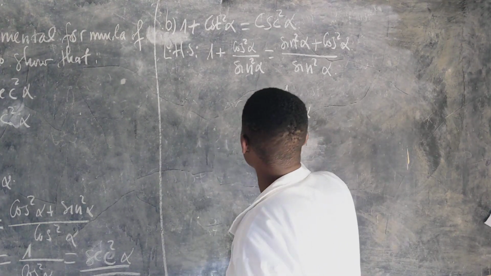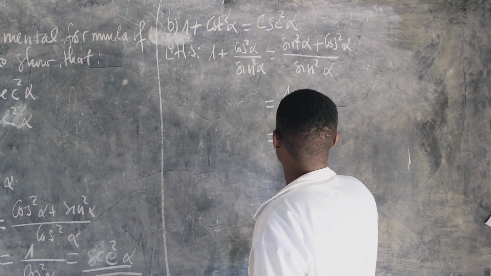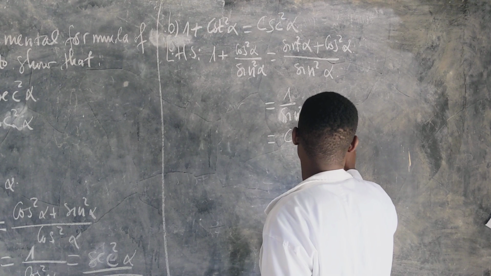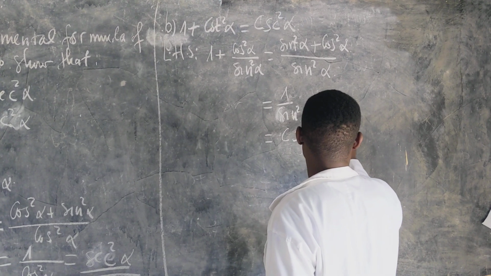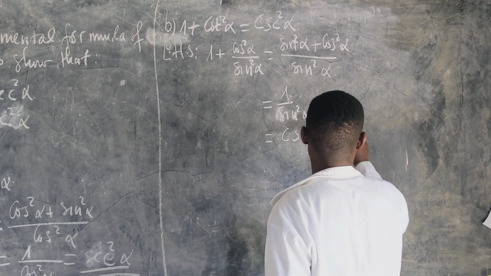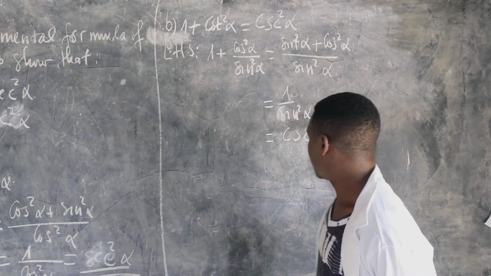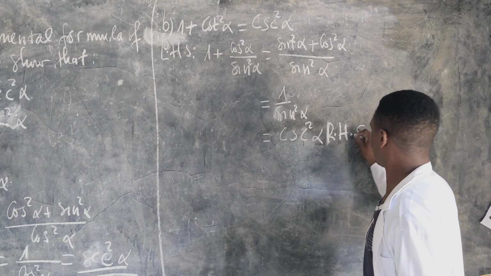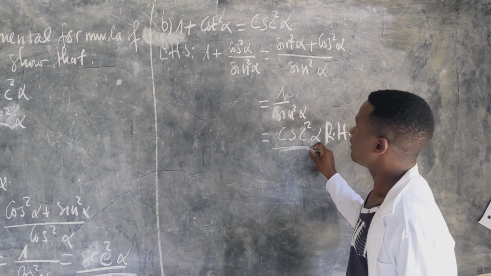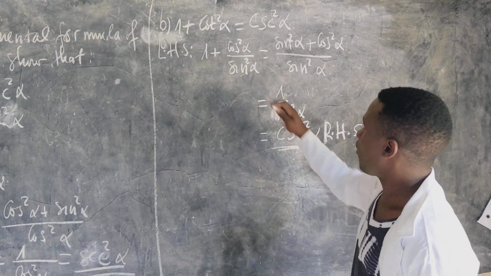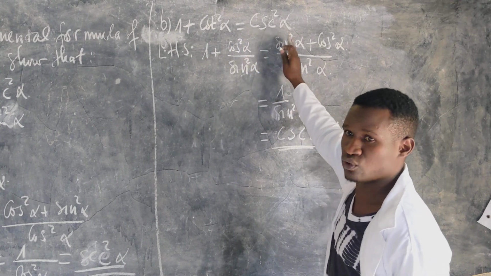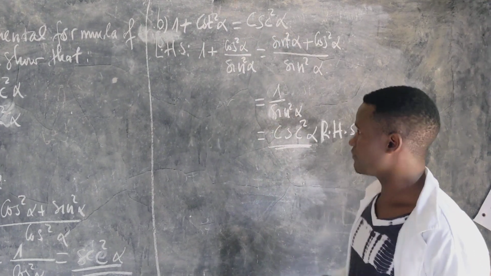So finally, we will have cosec square alpha, which is equal to the right hand side. This is how we can prove 1 plus cotangent square is equal to cosec square.